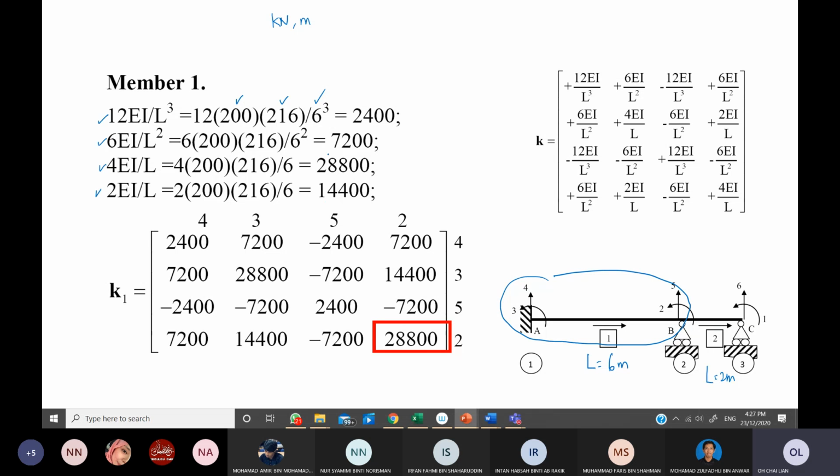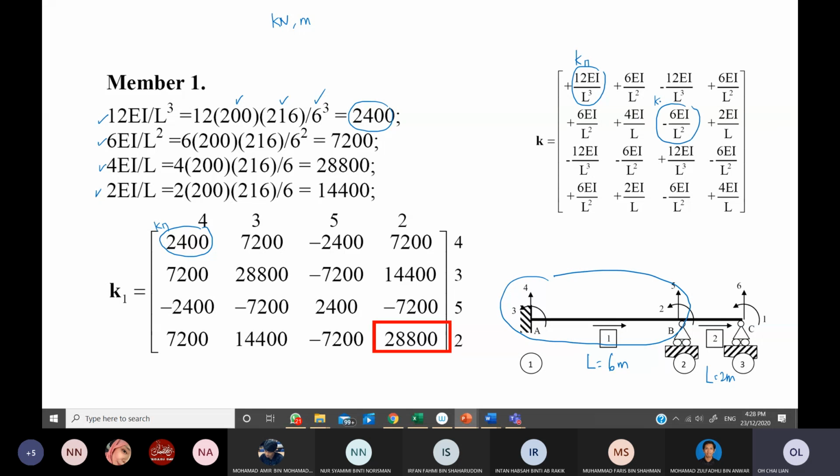Once you have done this, just place it into the template. For example, let us put this 12 EI over L cubed, 2400. Where is the location? K11. So it means that you are placing it at K11. Let me try one more, maybe this one.